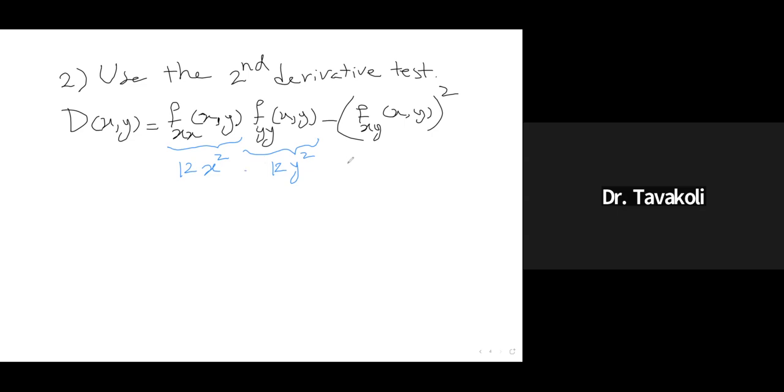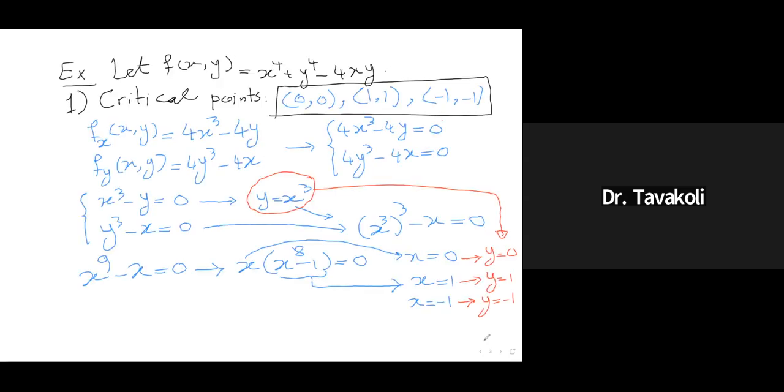It's the product of these two minus the mixed second derivative, meaning we first differentiate with respect to x, and then with respect to y.